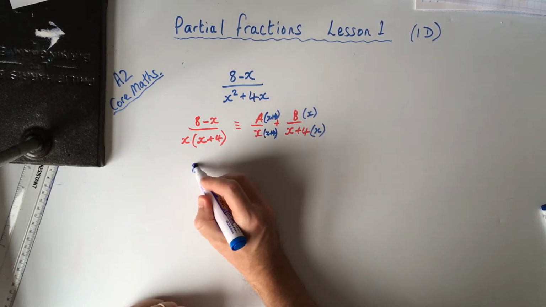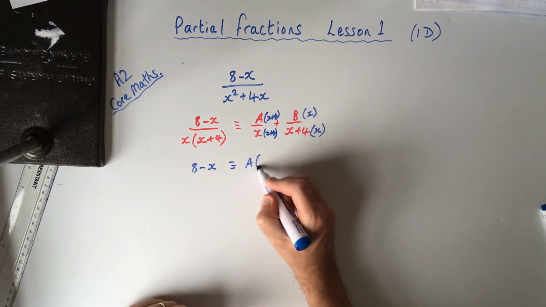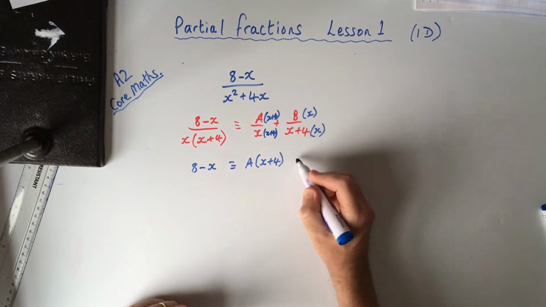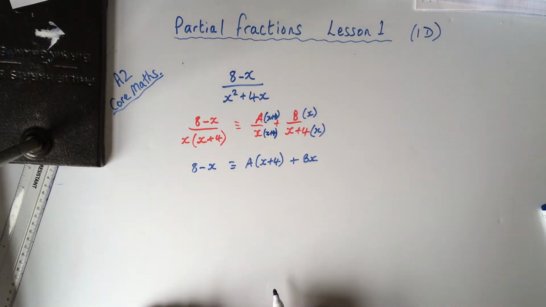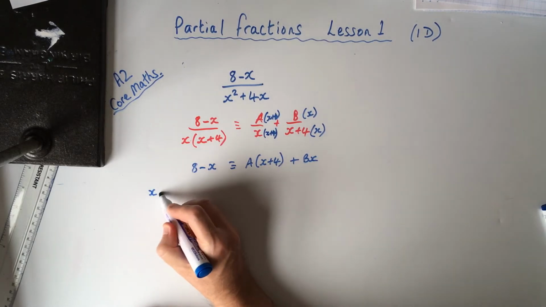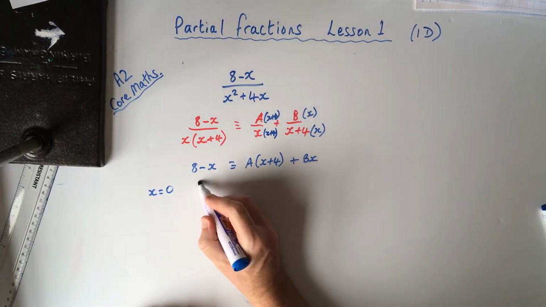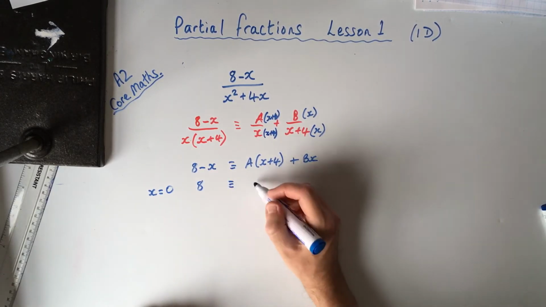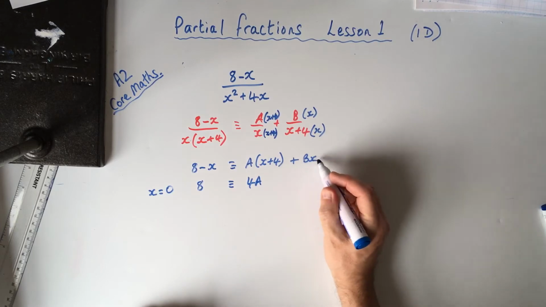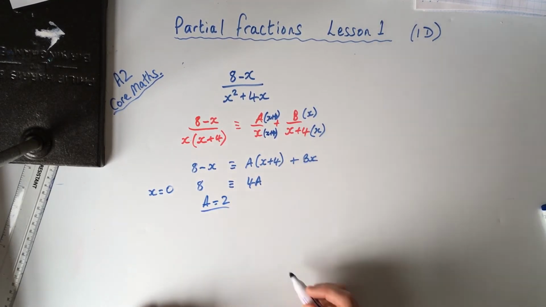I'm going to end up with 8 minus x is equivalent to a times x plus 4 plus bx. And we can simply go substitution. First substitution, x is 0, because if I go x is 0, I've got 8 is equivalent to 4a, and the x is 0 cancels out the b. So first of all, a is 2.